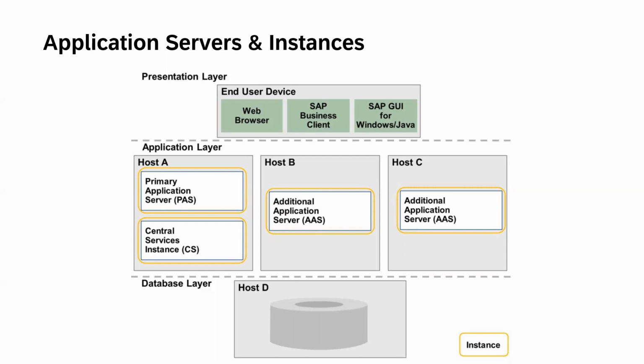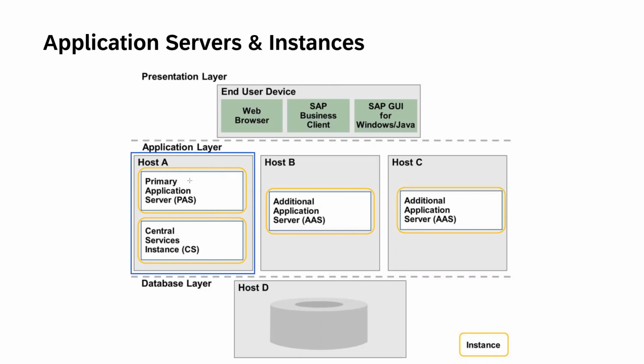Second is fault tolerance. In fault tolerance, for example, you have one server which contains your ASCS instance and your primary application server. One host for this. In this example, in one host, I'm installing my primary application server and my ASCS instance.